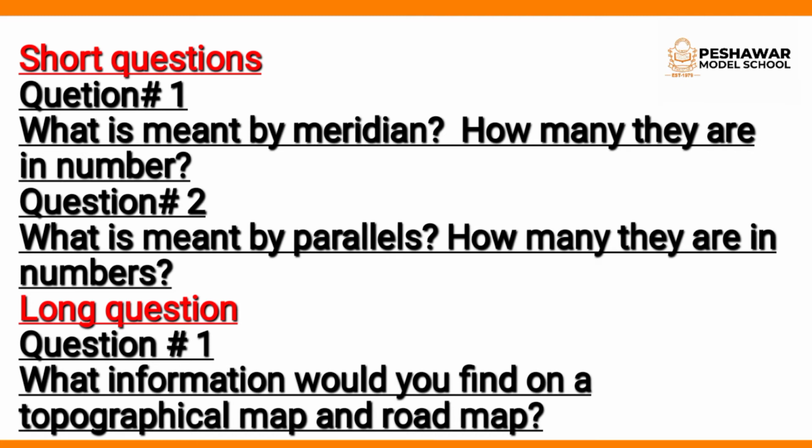How many are there? The long question is, what information would you find on a topographical map and a road map? These are the questions, but the journal questions are also included in your exercise. Learn all the journal questions. The questions are from your reading or from your lesson map.